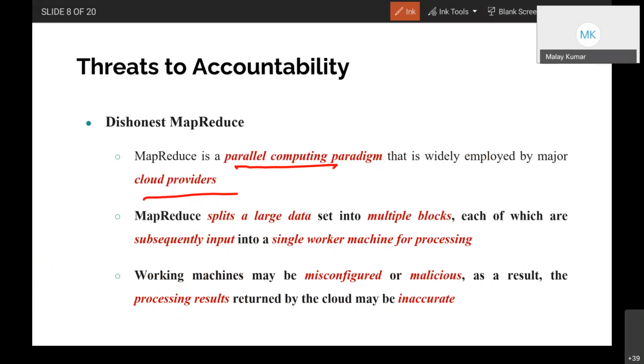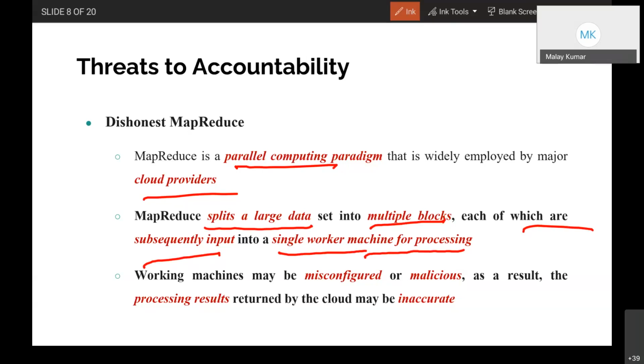So what does MapReduce do? It splits a large data set into multiple blocks, and each of which subsequently becomes input to the workers of the machine for processing the data.